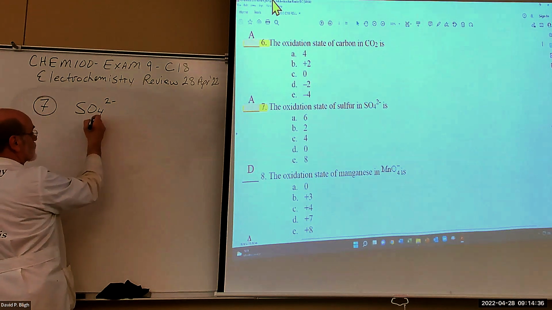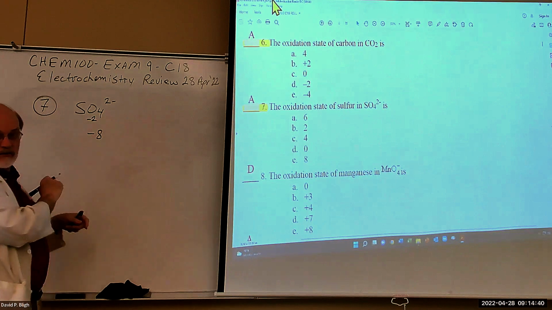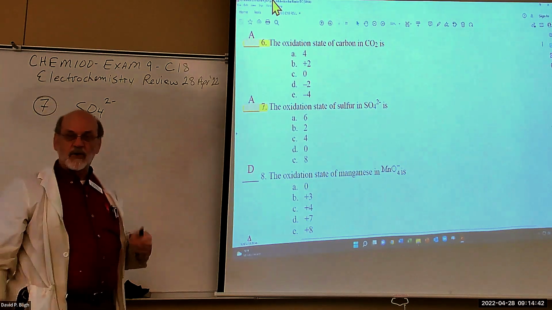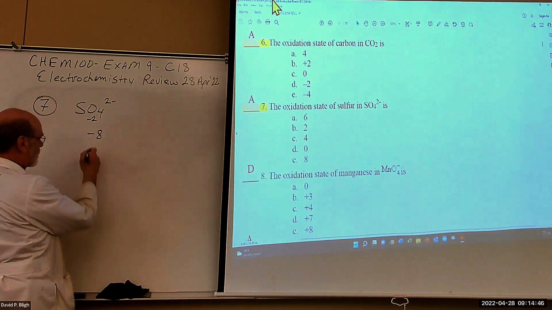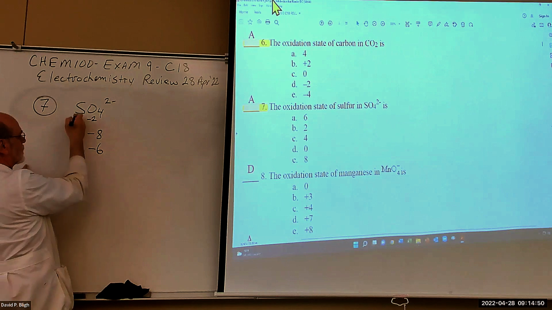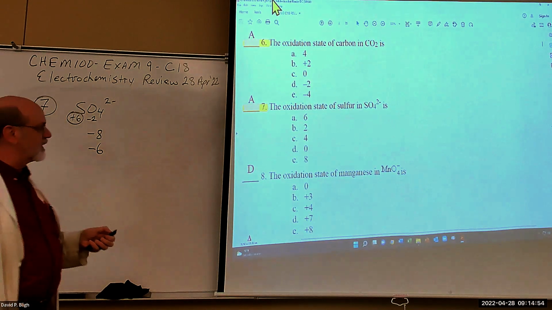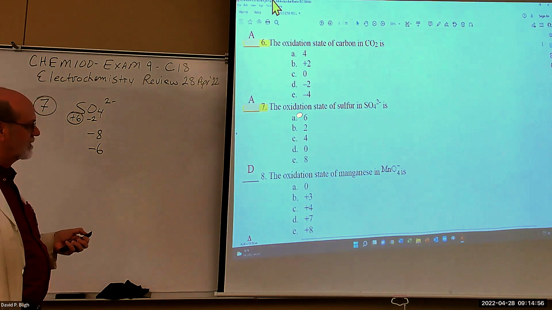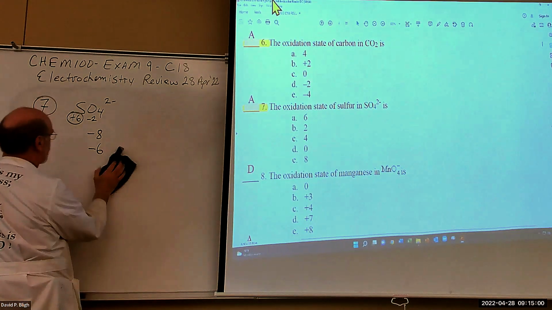So if oxygen starts off at a -2, then we have -8 total for oxygen. But we've got to hold out 2 minuses for the charge. Right? So we really only need to balance the -6 with that sulfur. So the sulfur is going to be a +6. All right.